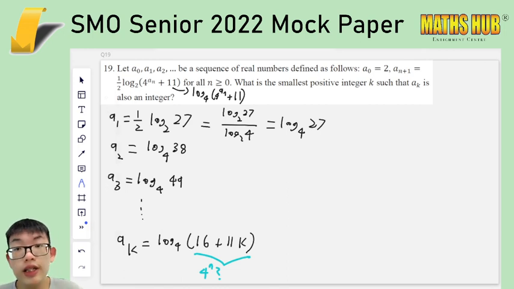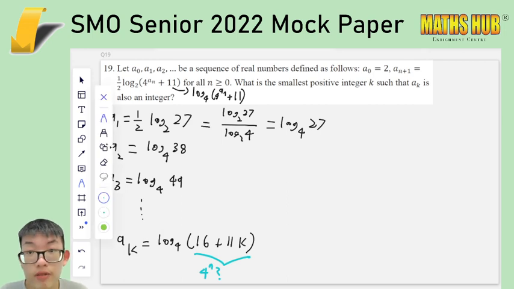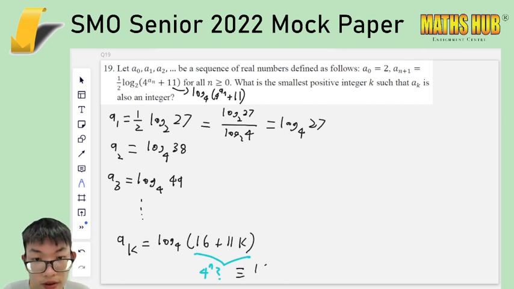And we can flip the question around. When will 4 to the power of n look like 11k plus 16? Now, 11k plus 16 is just any number which is 16 mod 11, and that is 5 mod 11. So when will it be 5 modulo 11 is the question.